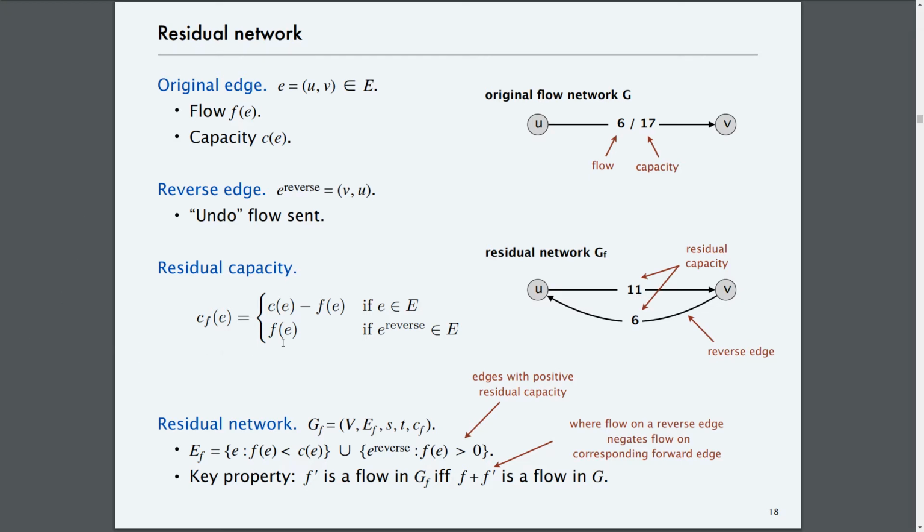So, for example, here we have flow 6 and capacity 17. This would change into an edge with value 11 and an edge with value 6. So this is how much more remaining flow we can send. It's called the residual capacity.